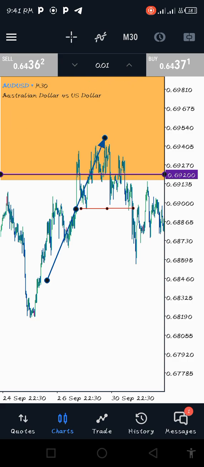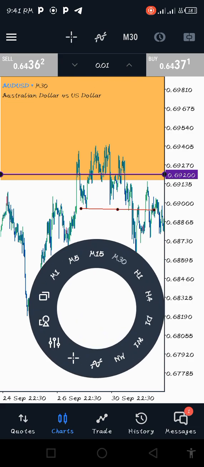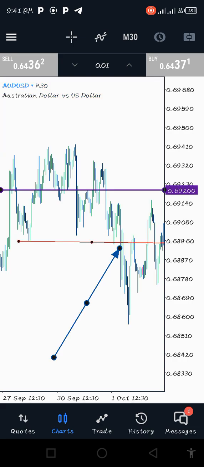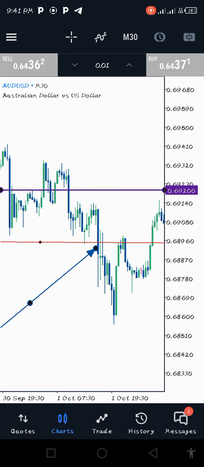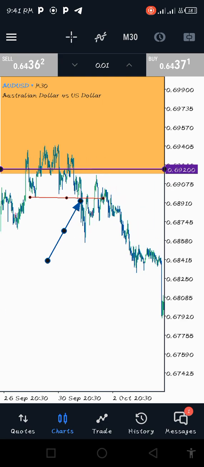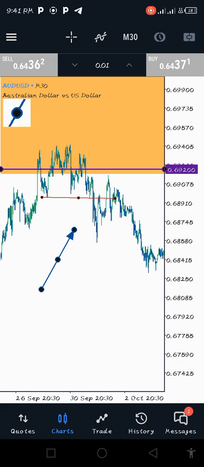Our change in character is right at this line. It was right at this point when this candle closed below that line. So now we will be changing our bias from bullish to bearish, right from the zone.